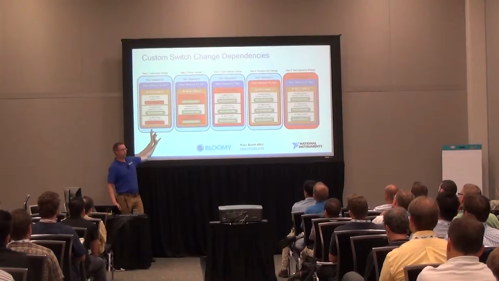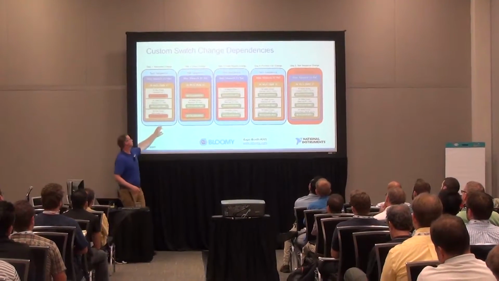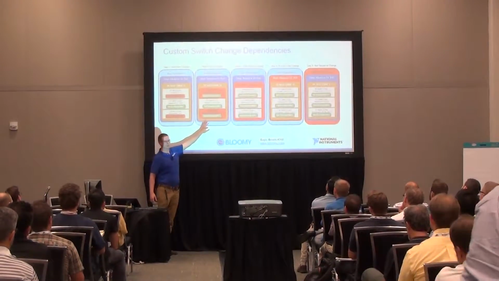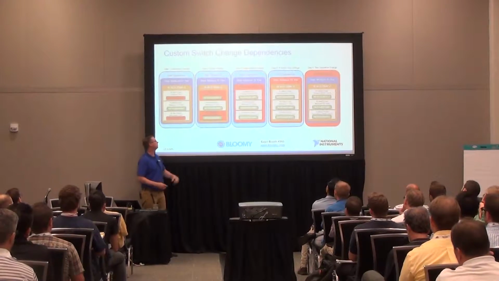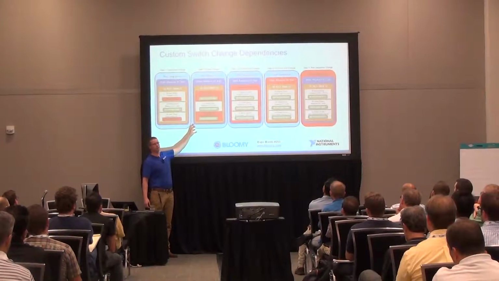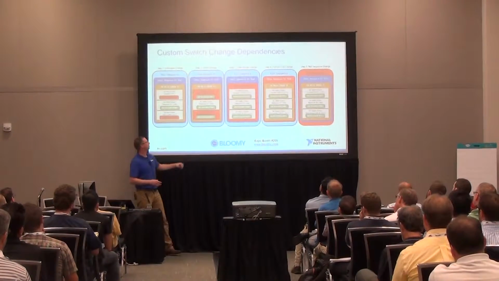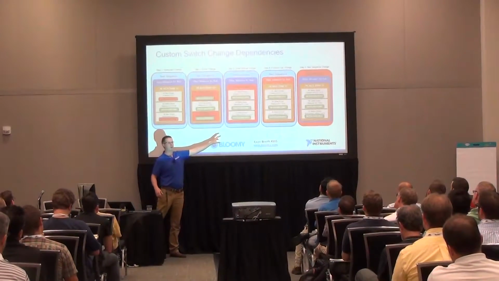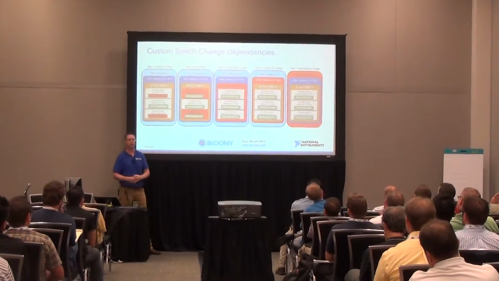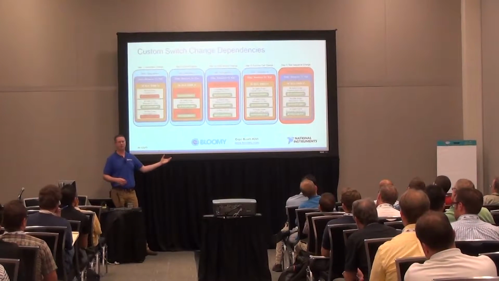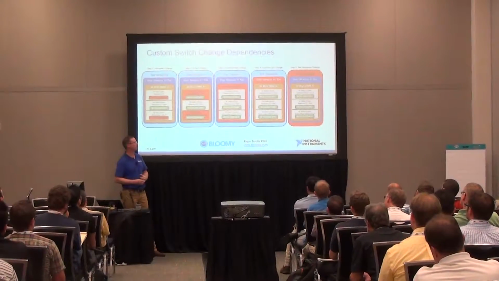If you follow this chain of dependencies down, you change your instrument. That instrument requires you to change your driver that talks to that specific instrument. By changing that driver, you now need to change the wrapper that combines the switch and the DMM together. You change those, and that requires you to update your driver prototype in TestStand. And by updating that driver prototype, you're now required to resave your test sequence.